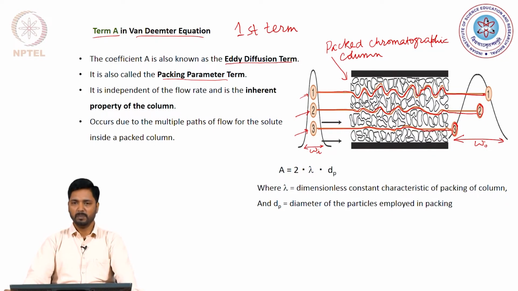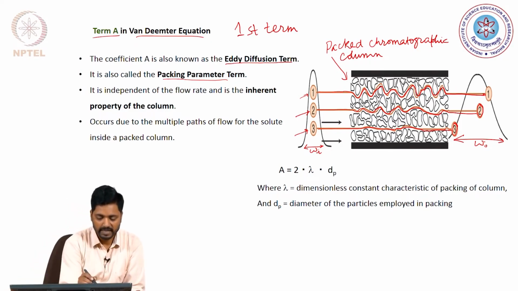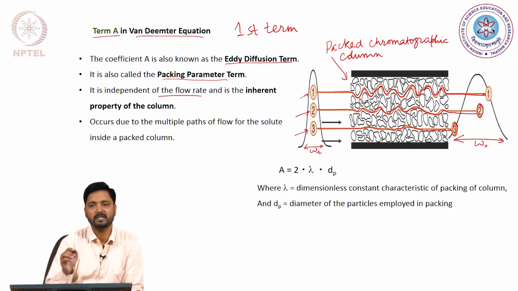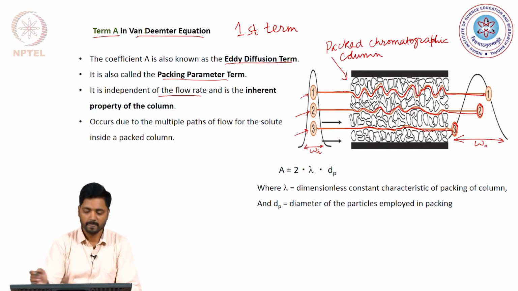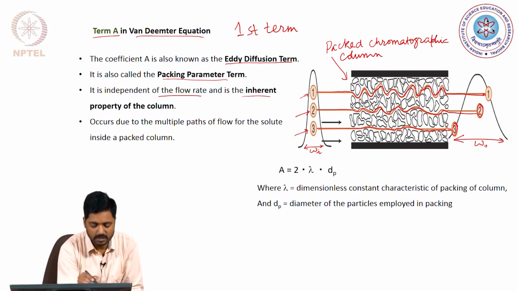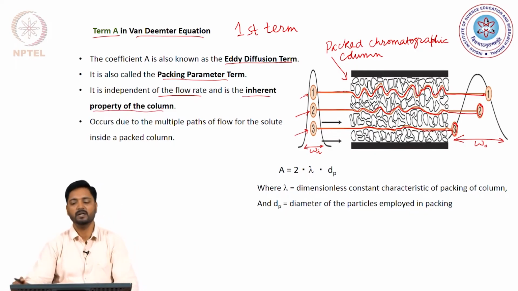Now, what people realized is that this A term or A coefficient is independent of the flow rate, and the flow rate has no influence on it. We have already seen it in the slide which was shown previously, and this was considered to be an inherent property of the column based on what material is used and how well the column is packed.